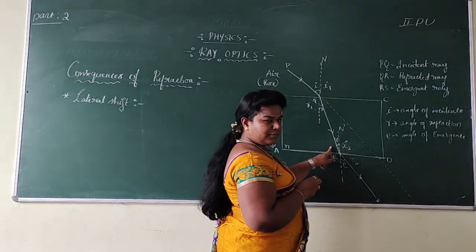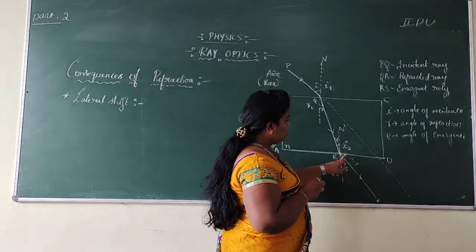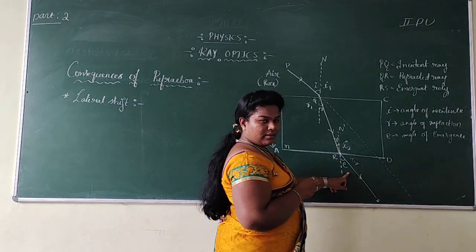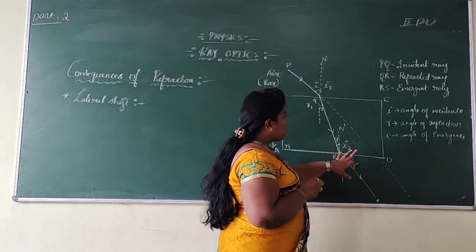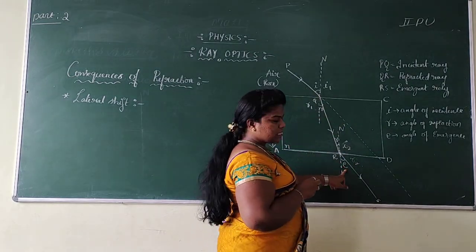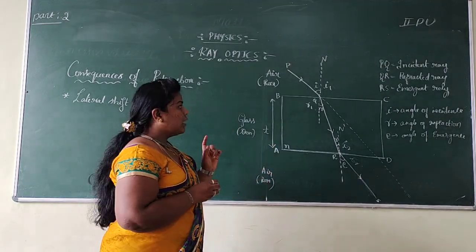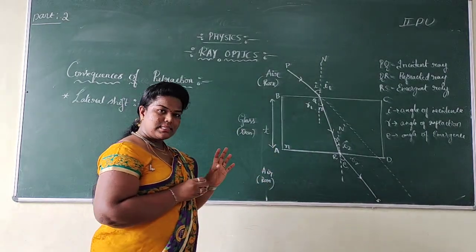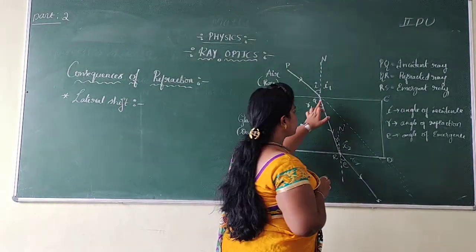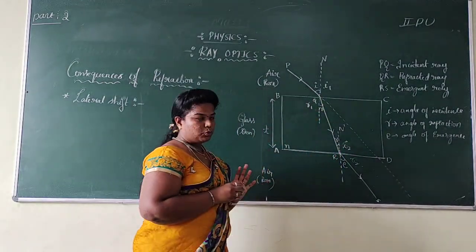For the second surface, the angle of incidence is I2 and the angle of refraction is R2. For the entire glass slab, this is called E. I am using different notations; you can use I, R, E simply, or you can use I1, R1, I2, R2.